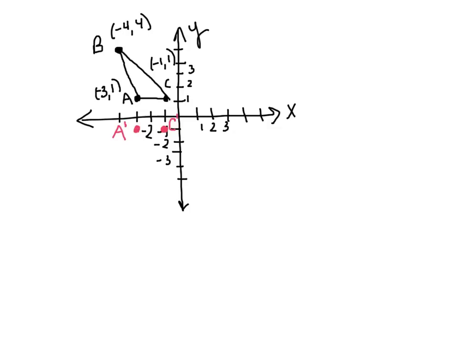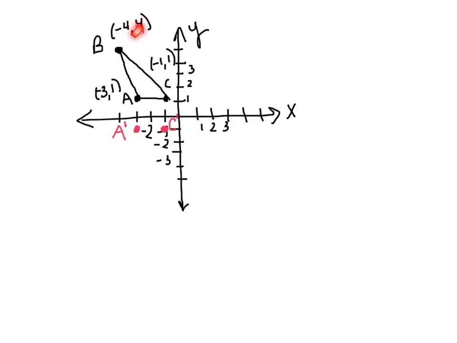And point B, now here's where you're like, okay, I don't know where to put this. Look at point B. It's negative 4, 4. Now, if you go back and look at your key idea you just wrote, it says your reflection in the x-axis changes the y-coordinate. So here's what I'm going to do. The x-coordinate stays the same, negative 4.